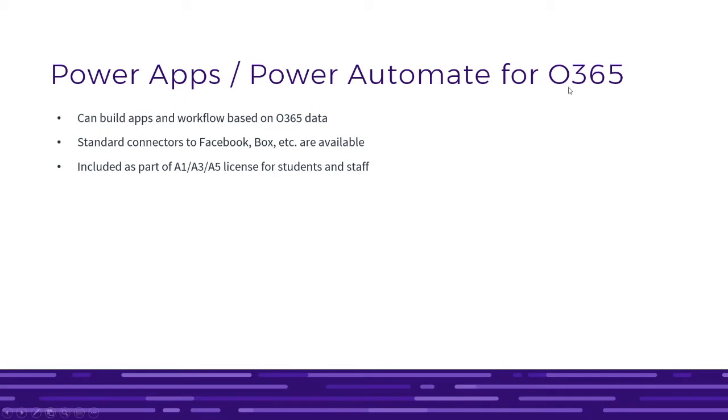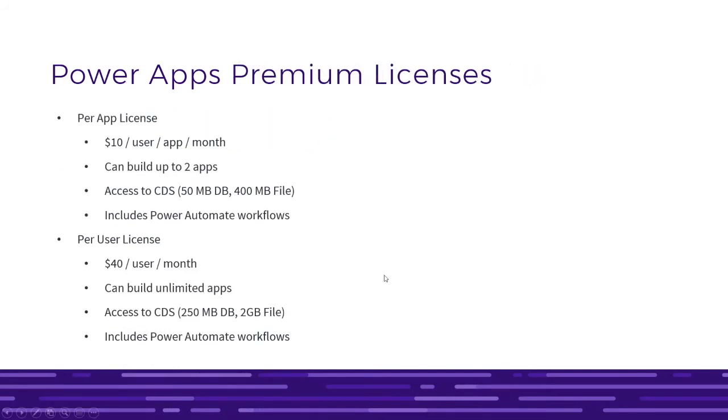If you want to connect to other applications such as SQL, or if you want to connect to external applications outside of what's available in Office 365, if you want to build your own connectors to connect to on-premises databases that you have, all of that requires an additional license, which is called the Power Apps Premium license. Now, there's multiple options.